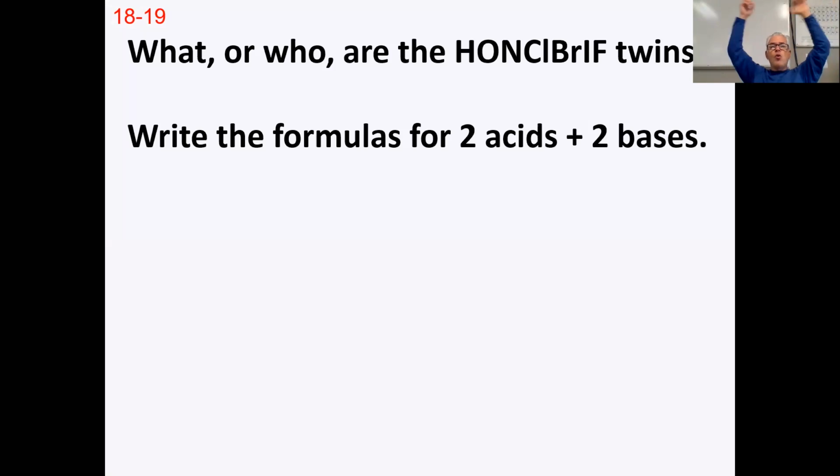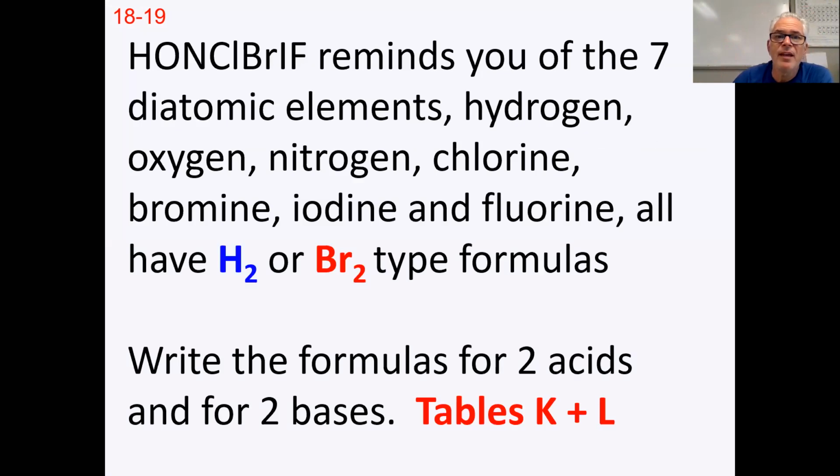Okay. Who or what are the Hunkelbrief twins? I talked about this before. Hunkelbrief twins. And then write the formulas for any 2 acids and any 2 bases. The Hunkelbrief twins, of course, are the diatomic elements.